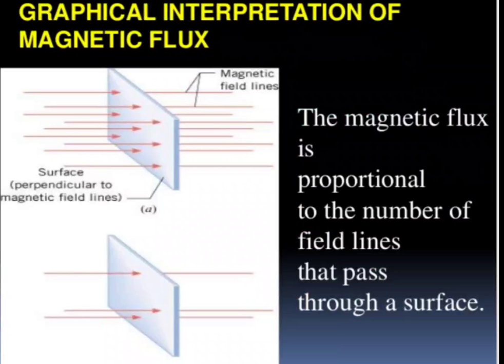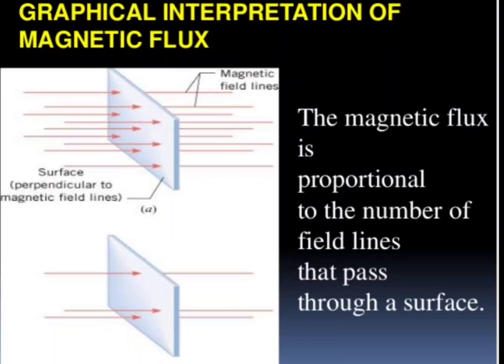The graphical representation of magnetic flux lines. When you observe these two figures, the first figure shows the plane. The magnetic flux lines passing through this plane are more. That means it is a strong magnet.